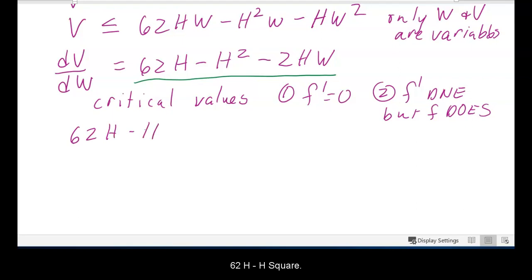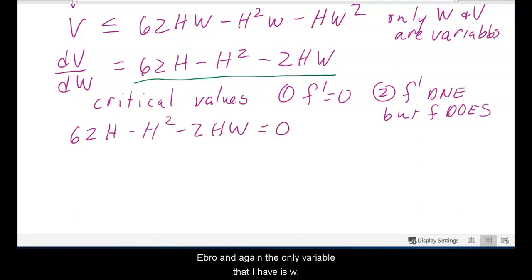62h minus h squared minus 2hw equals 0. And again, the only variable that I have is w. So I'm going to solve for w, and when you're done solving for w, you should end up with the following.